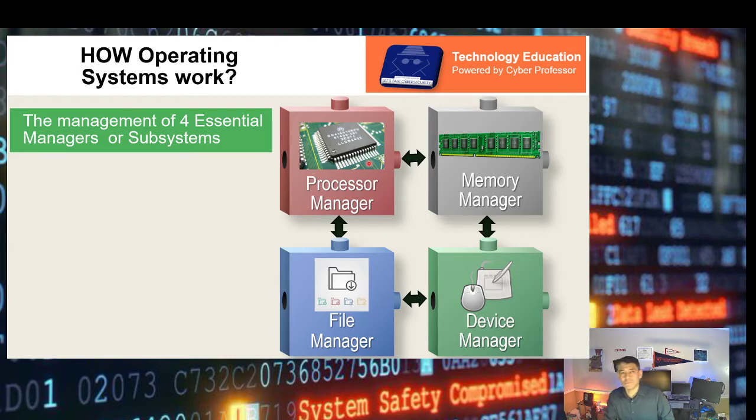So in your computer, most likely you have a set of files that are part of any applications that you use and files that are created by you as the users. So the responsibility of managing how those files are provided to the user in the form of the visual graphical user interface, that is a responsibility of the file manager.